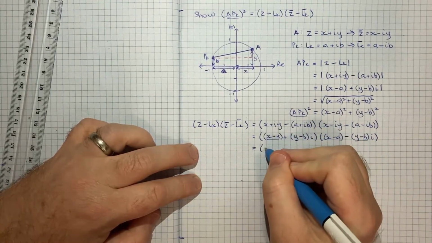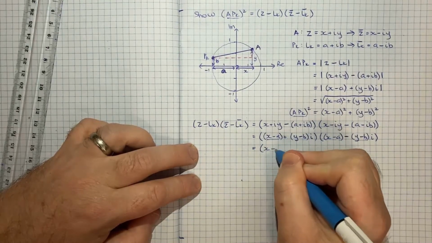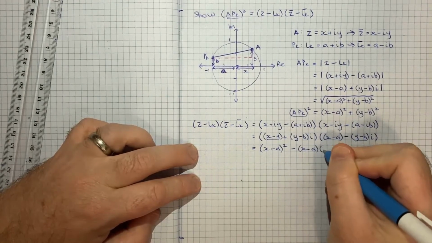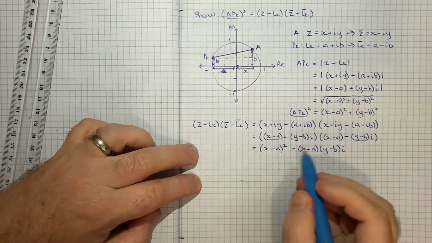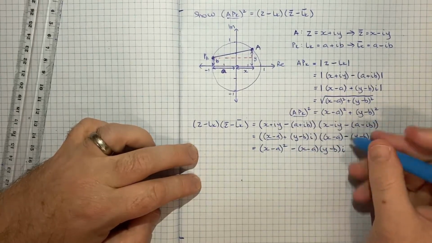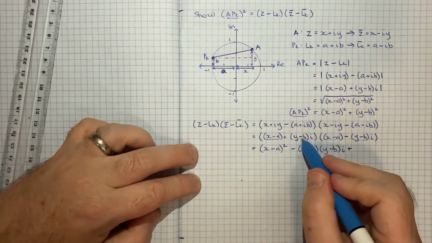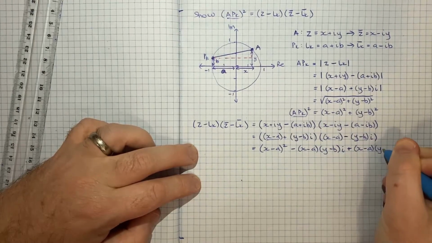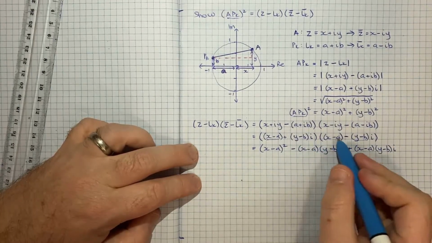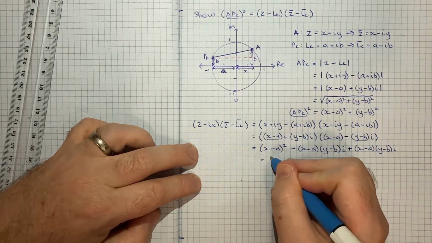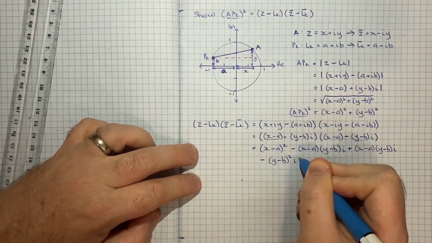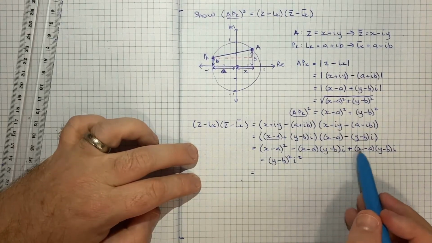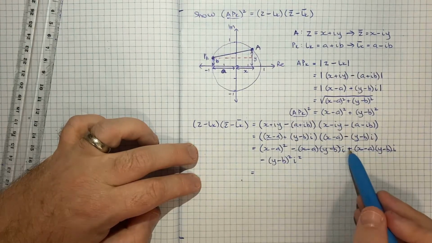So we'll get (x minus a) squared minus (x minus a)(y minus b)i, and then plus (y minus b)i times (x minus a). I'll just write that as (x minus a)(y minus b)i, and then we'll get minus (y minus b) squared i squared. Simplifying that, we can see the (x minus a)(y minus b)i terms cancel because we've got one minus and one plus.